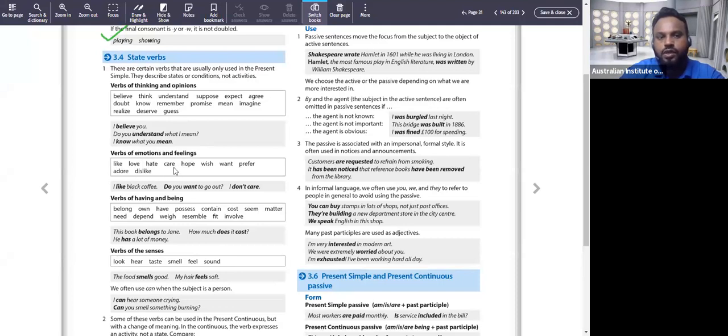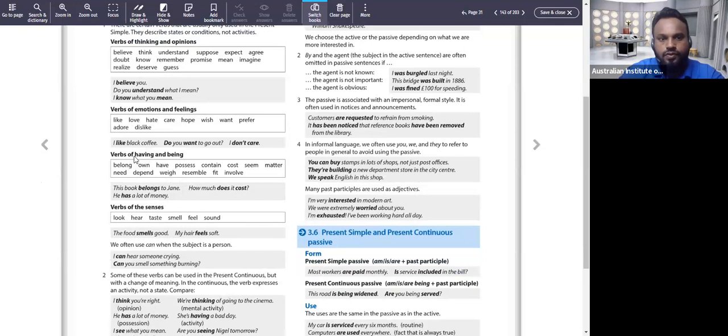They are also state verbs. For example, I like black coffee. Do you want to go out? I don't care.